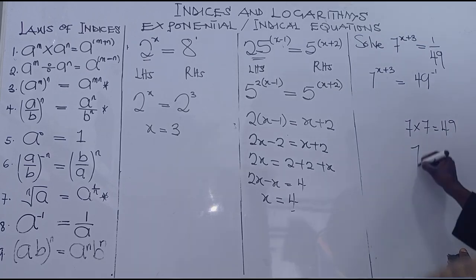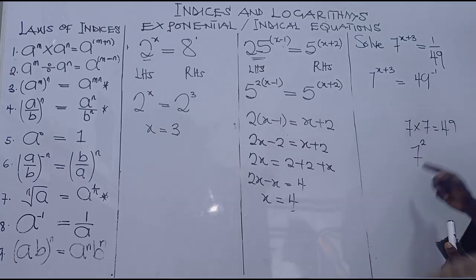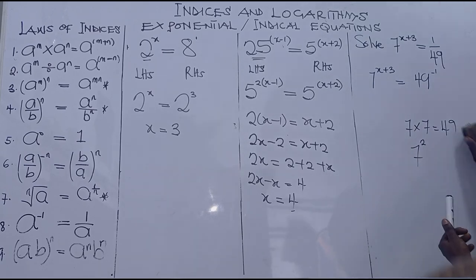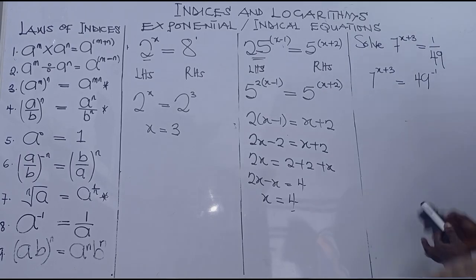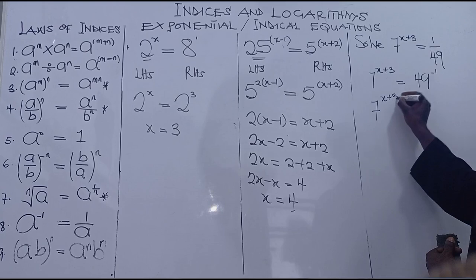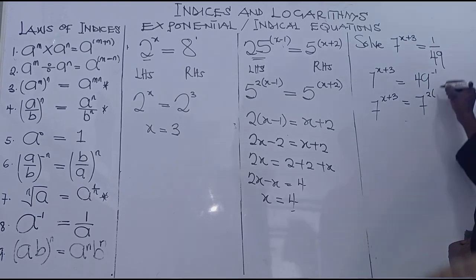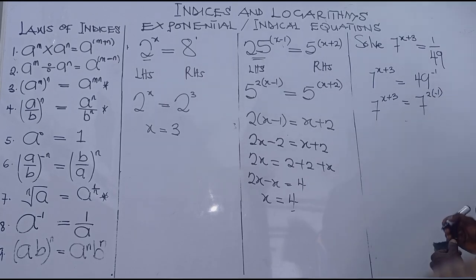And we can write 7 times 7 as 7 raised to the power 2. So in place of 49, we are going to substitute 7 raised to the power 2. So we have 7 to the power x plus 3 is equal to 7 raised to the power 2, and then we have multiplying negative 1.